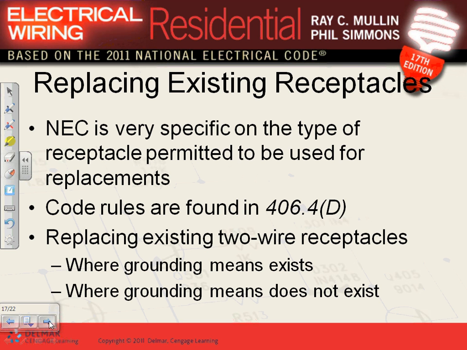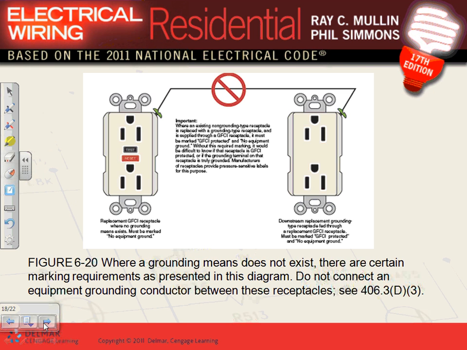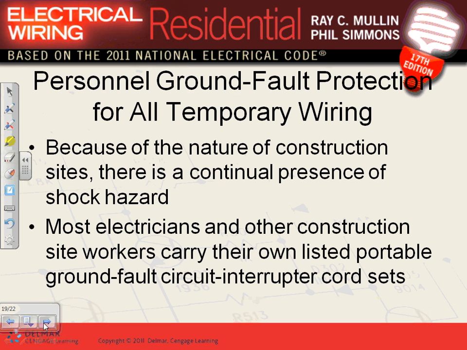Number three, which a lot of us did in the past, is you replace it with a grounding receptacle GFCI, and on it you write 'No equipment grounding protection. GFCI protected.' So that's the method that we use for grounding them. All these are in 406.4. You guys are not electricians, so it's not going to apply a whole lot to you.